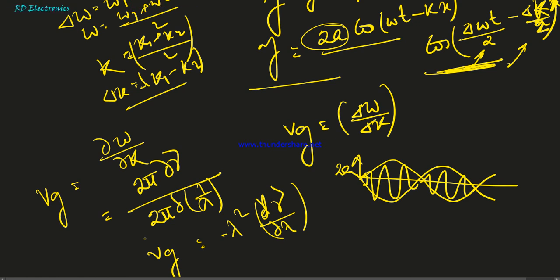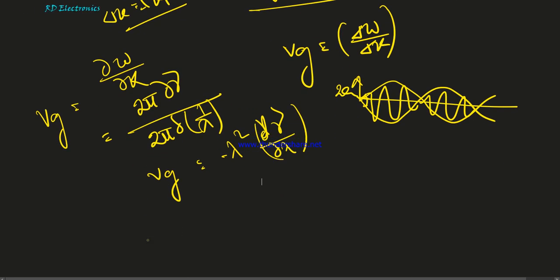Now from the phase velocity relationship, Vp equals ω/k, therefore ω equals Vp times k.